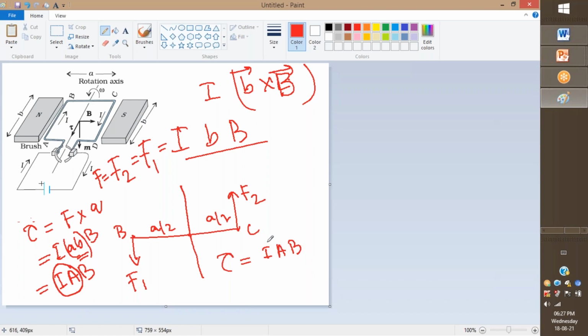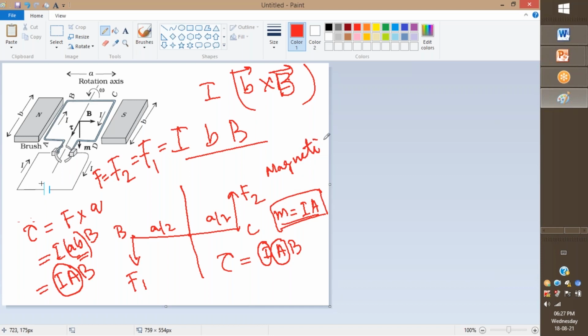And look here, this I A term we will be defining as a new term. So the torque we have got is I A B, where B is the magnetic field. I is the current through the loop, and A is the area of the loop.